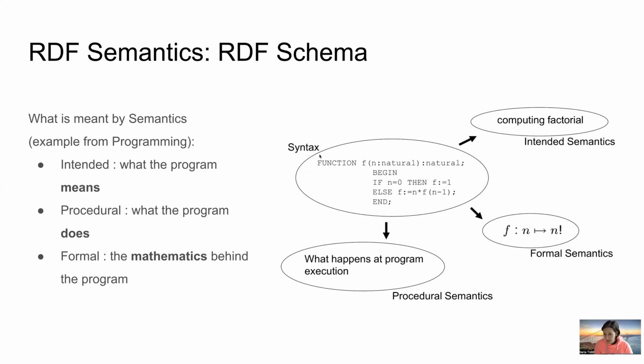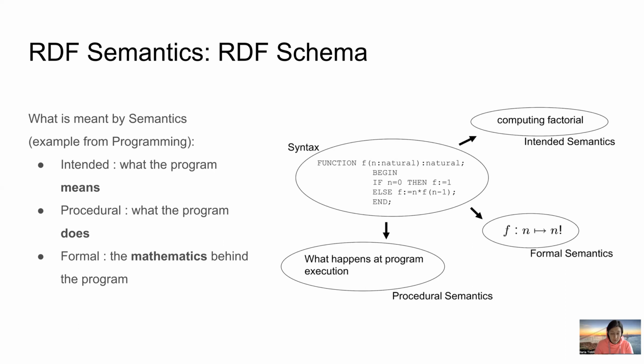It could be Python, it could be Java, it could be Prolog. And so you use specific symbols that are allowed by the language. And then this syntax has different types of semantics. So, for example, the intended semantics is what the program means. In this example, this syntax allows us to compute factorial numbers.